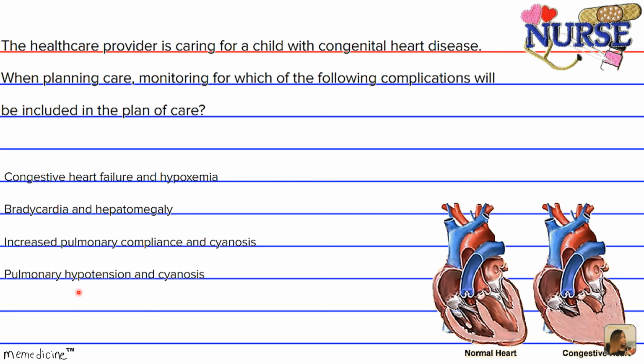So I'm just guessing that pulmonary hypotension is where the arterioles in the lungs maybe become slack and expanded, or that not enough blood is being delivered to the lungs because of a low pressure from the heart. And cyanosis, we just previously covered, is that bluish discoloration of the skin due to inadequate oxygen.